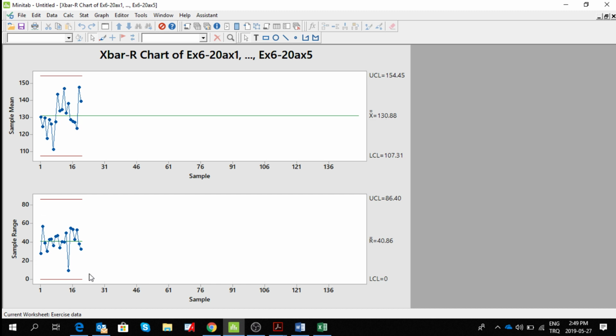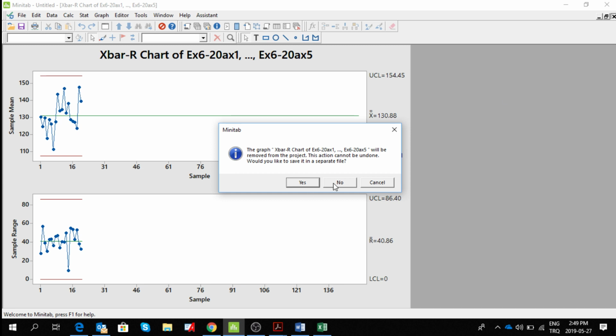And then we have the R chart here. Again the samples are from 1 to 20. If you look at the points on both charts, they are within the upper control limit and lower control limit. So everything is in control, the process is in control. There's nothing to do about that. I'm going to close that.